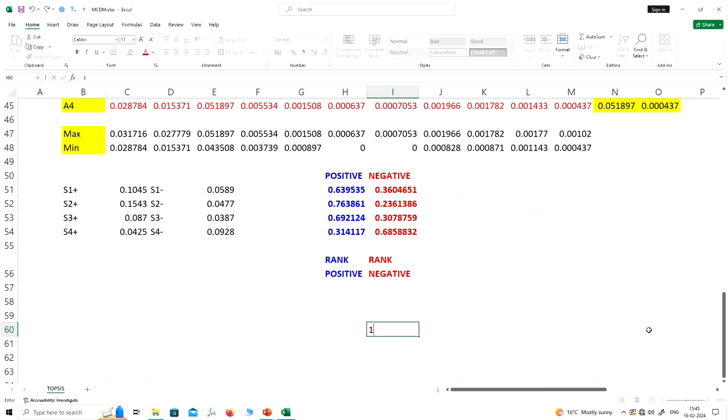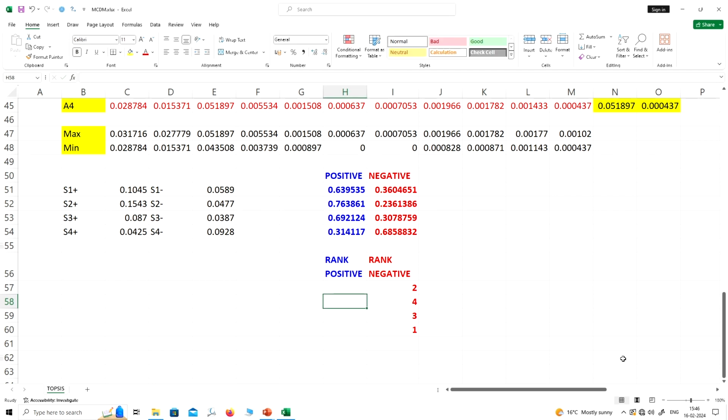So, it will be first, then we will come to 0.36 which is the second, then we will go into the third and the fourth. In the negative sense, you are doing in the opposite direction.